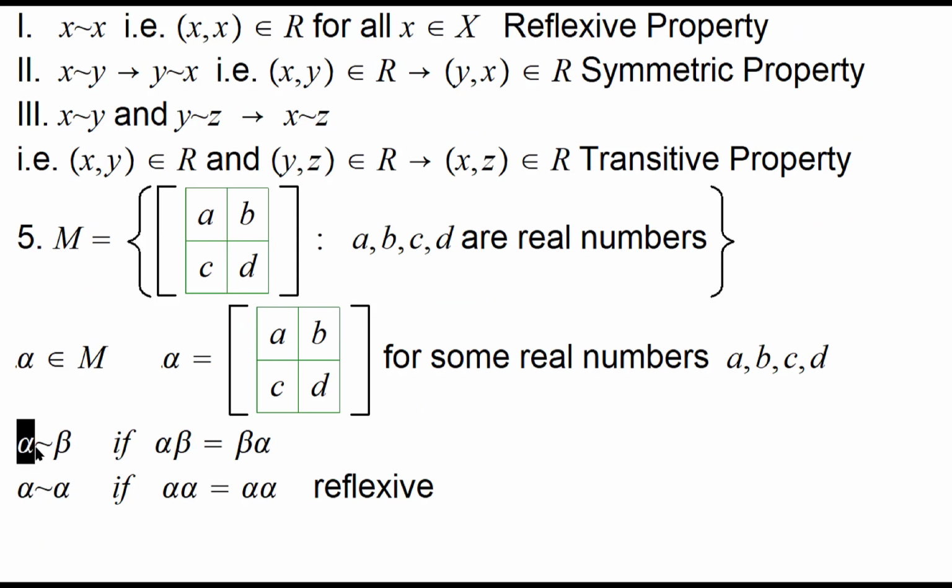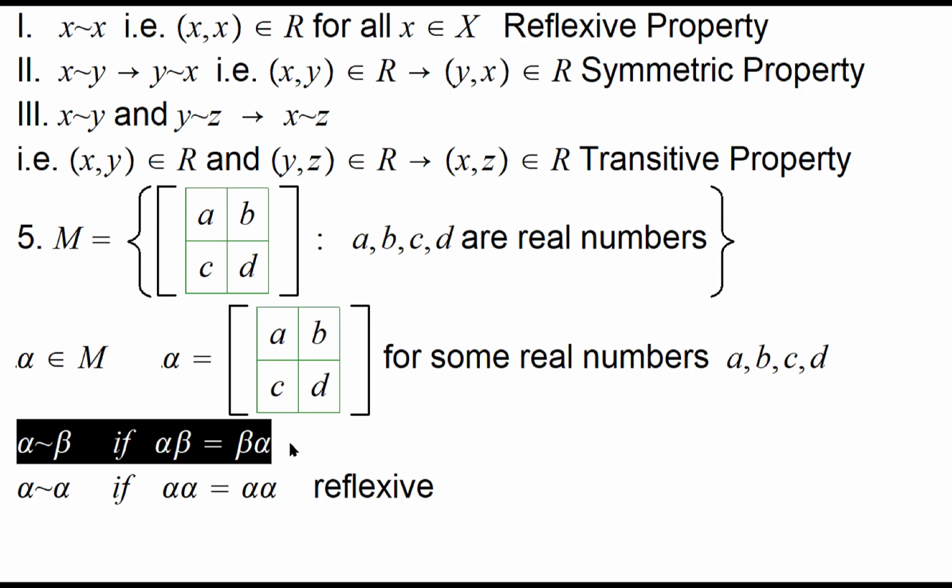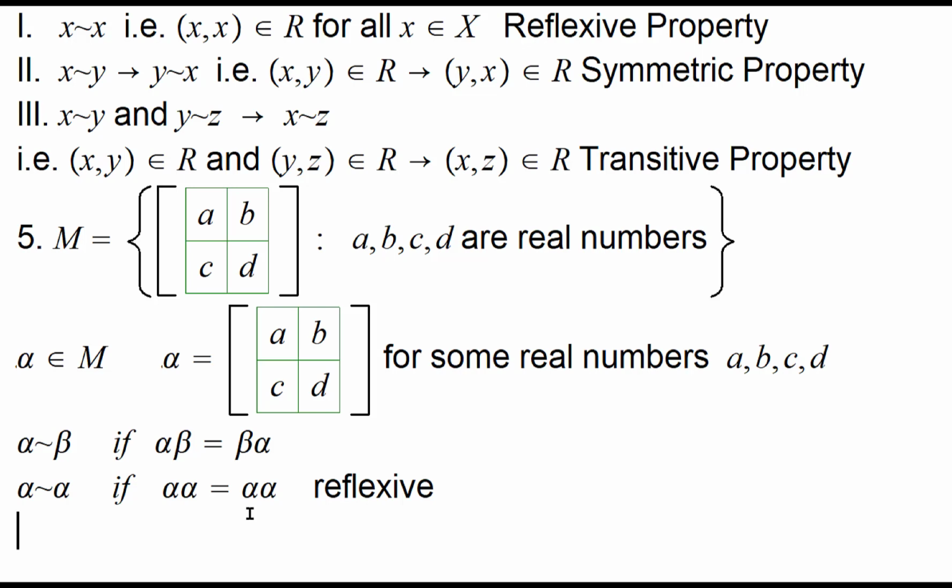Now, if alpha is related to beta, that implies that alpha beta is beta alpha. So that means beta alpha is alpha beta, right?